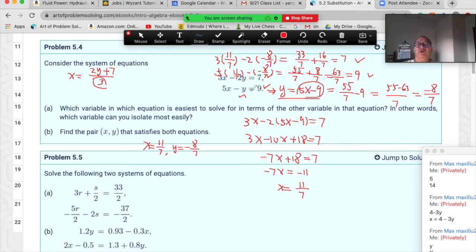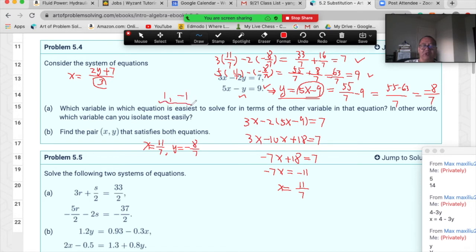Then we plug back into the second equation. So when you observe, the variable we are choosing has a coefficient of either 1 or negative 1.